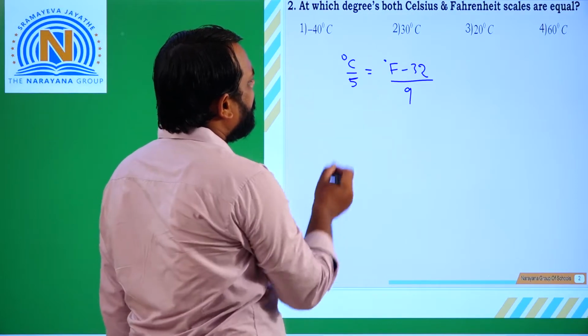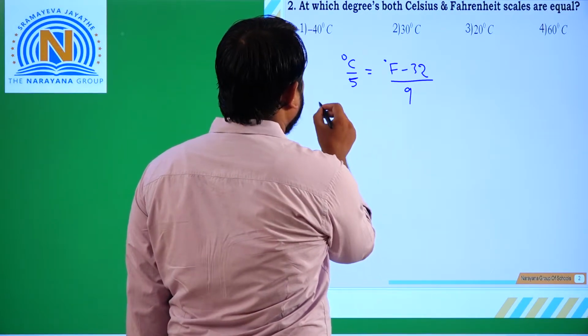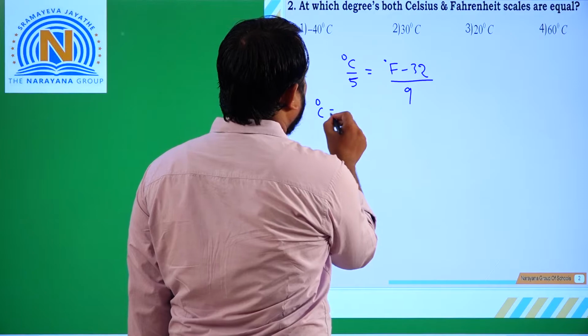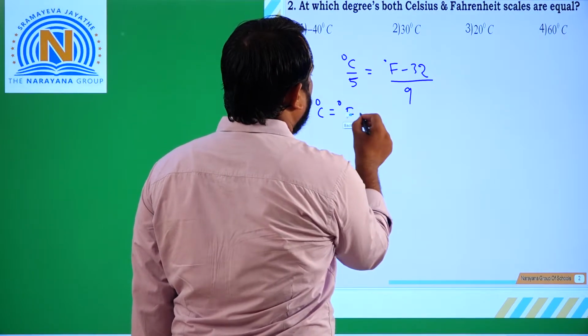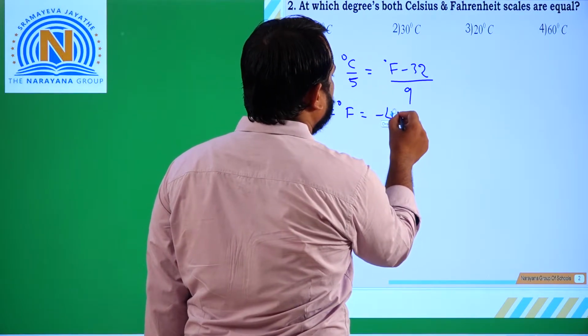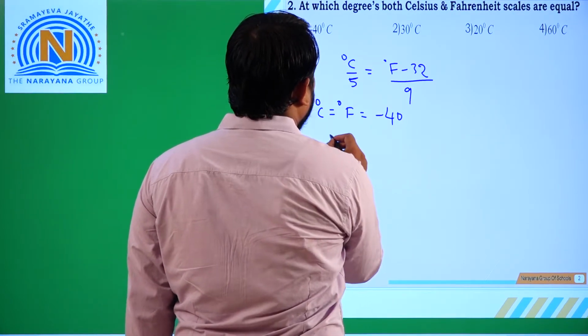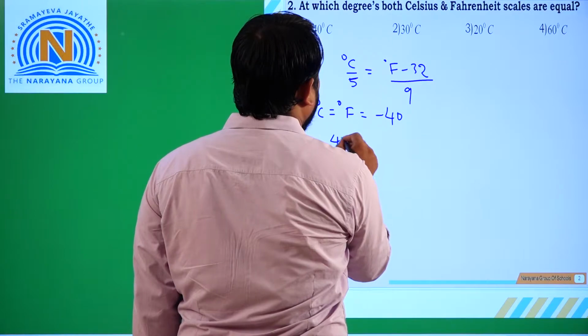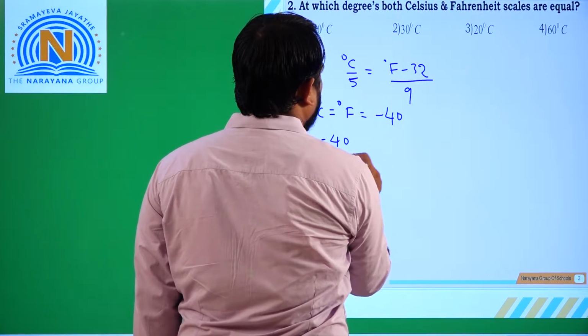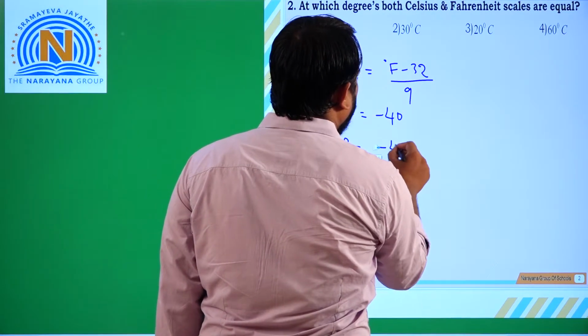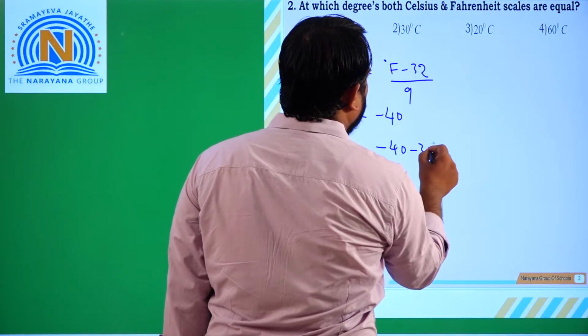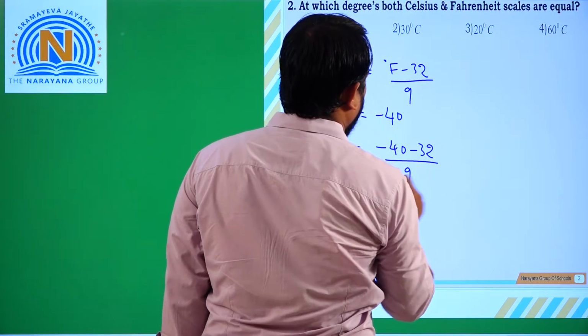First I am taking minus 40 degrees Celsius. Celsius is equal to Fahrenheit, I am taking minus 40, and substituting here. So minus 40 by 5 is equal to minus 40 minus 32 by 9.